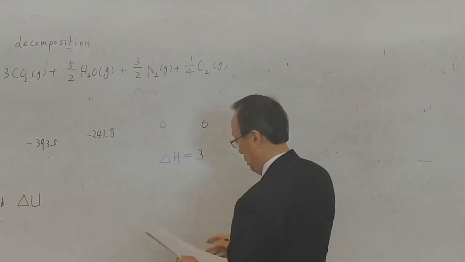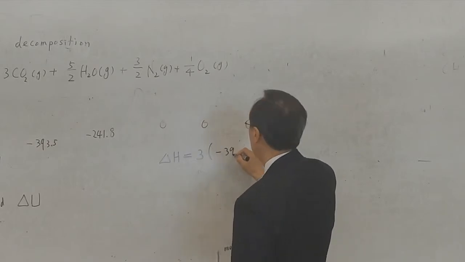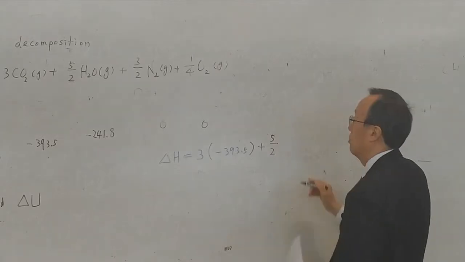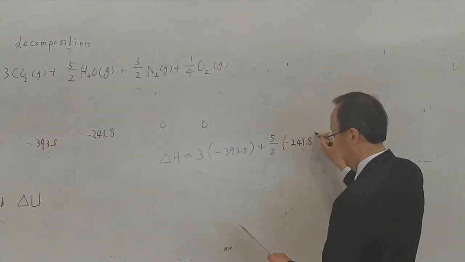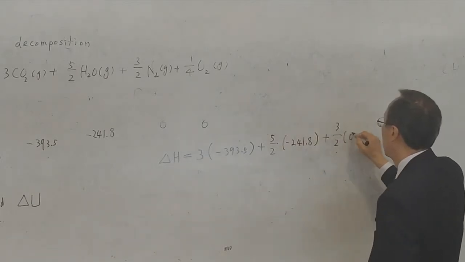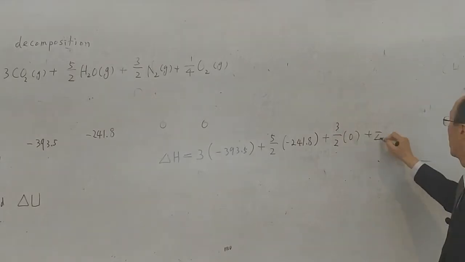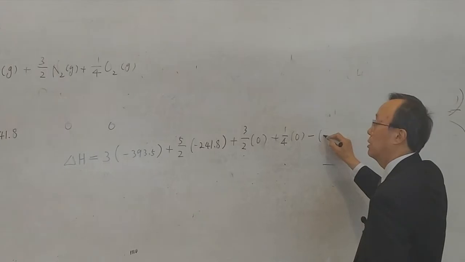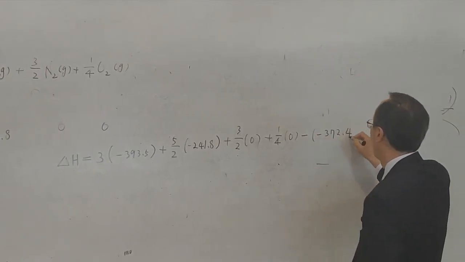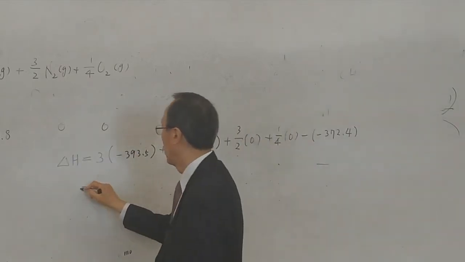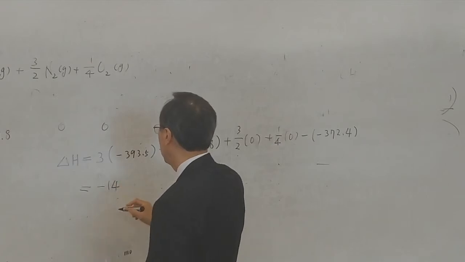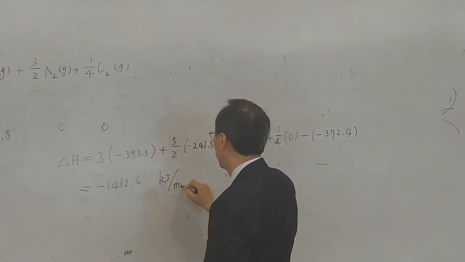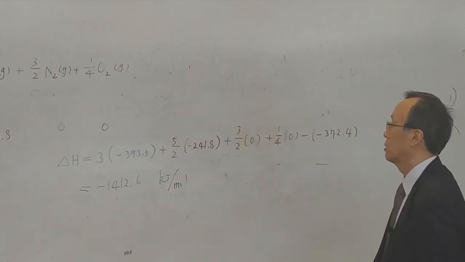So 3 times minus 393.5 plus 5/2 times minus 241.8 plus 0 times 0 minus the reactant, minus 372.4, equals minus 1412.6 kilojoule per mole. This is the enthalpy of reaction at the standard state.